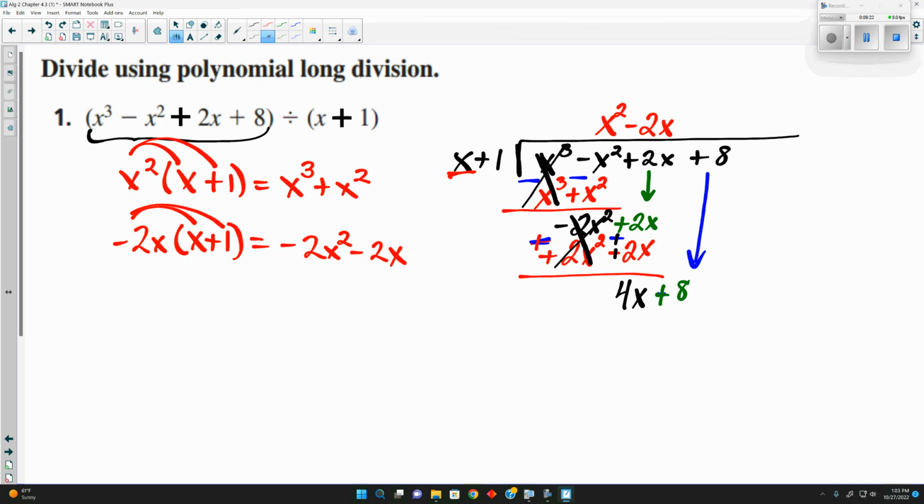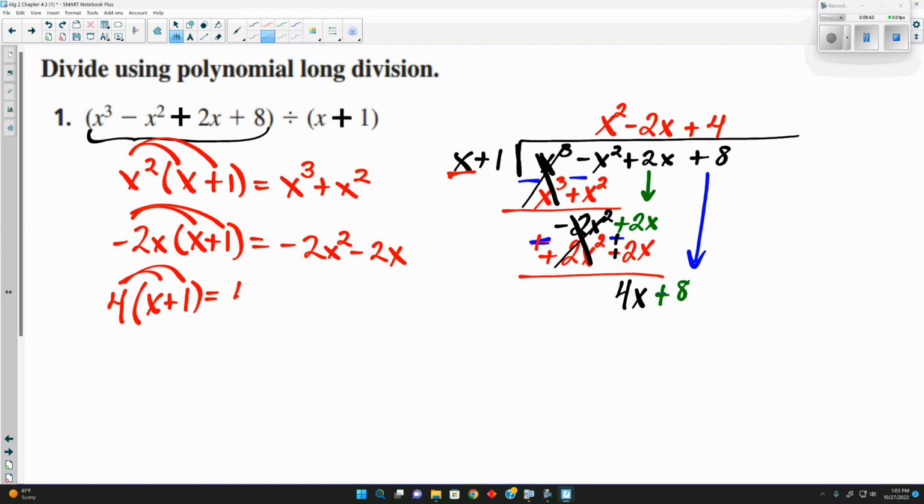Questions on this so far? We repeat it again. So what times x will give us 4x? Positive 4. So now we can multiply 4 by x plus 1.